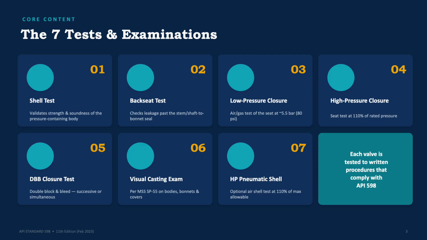Seventh is the HP pneumatic shell test, HP standing for high pressure, which is an optional air shell test at 1.1 times the maximum allowable working pressure. Each valve is tested to written procedures that must comply with the API 598 standard.